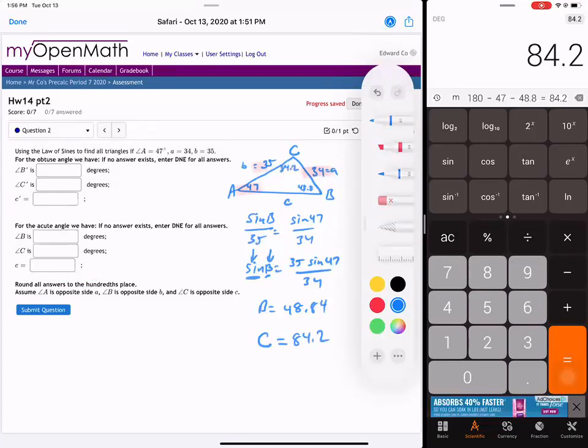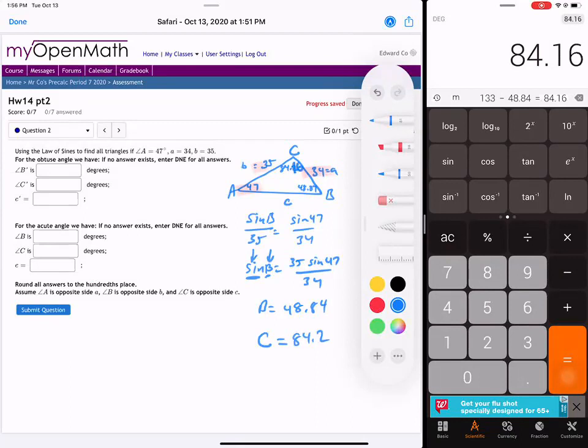Sorry, I should rewrite that. It's 180 minus 47, then minus 48.84, and that's 84.16. My bad, because I didn't round off to the nearest hundredths. Now I know my third angle.